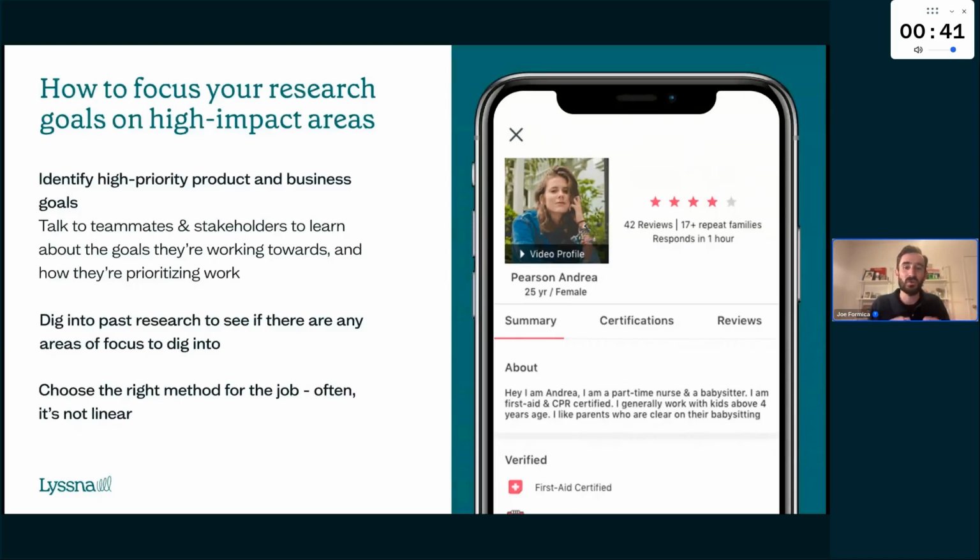A lot of times we're using our bag of methods and tools as a researcher and digging into that at different points throughout the process to find the right method that is going to match a more focused goal, and not just, again, defaulting to a certain method or defaulting to general interviews about a certain topic.